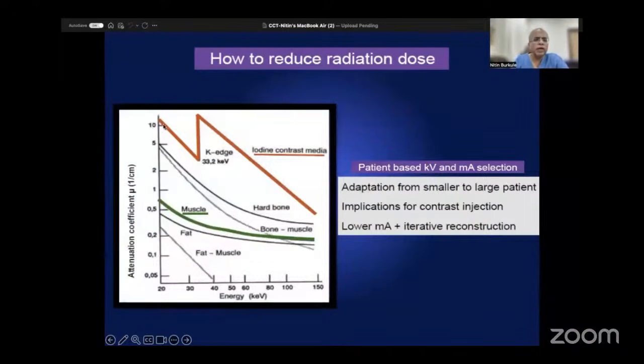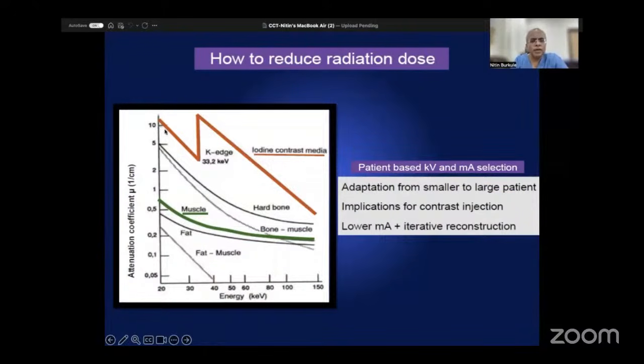The attenuation value of most of the tissue, as you can see here, is on the y-axis, and on the x-axis is the energy of the X-ray beam. As the energy value of the X-ray beam, or the kV, goes on increasing, obviously the attenuation coefficient is going to go down. However, the relationship is not so log linear for the iodine contrast in the tissue.